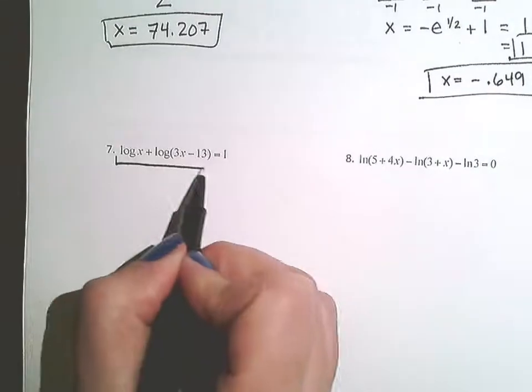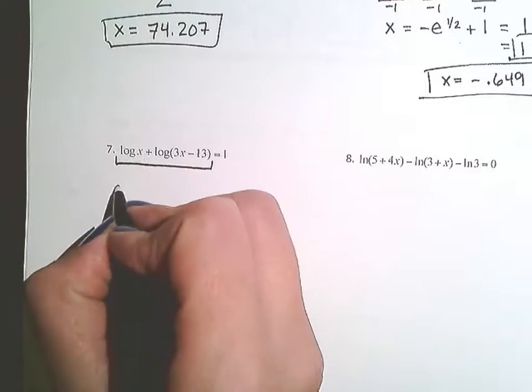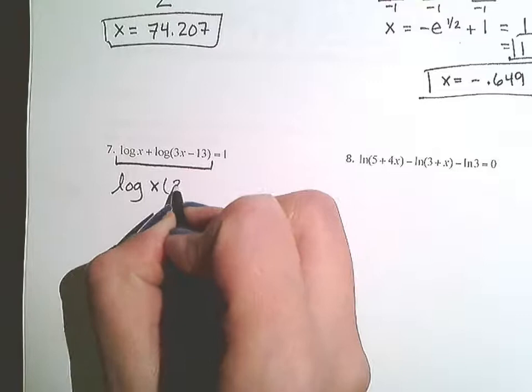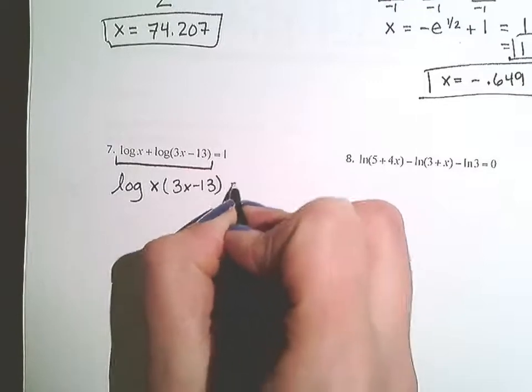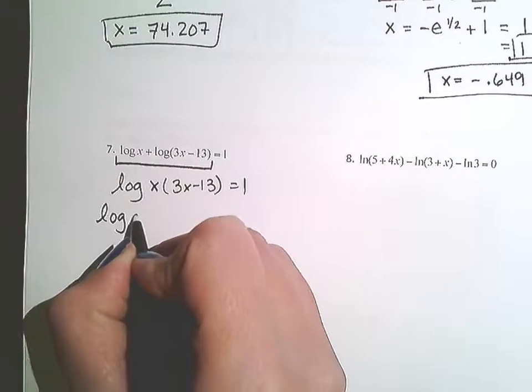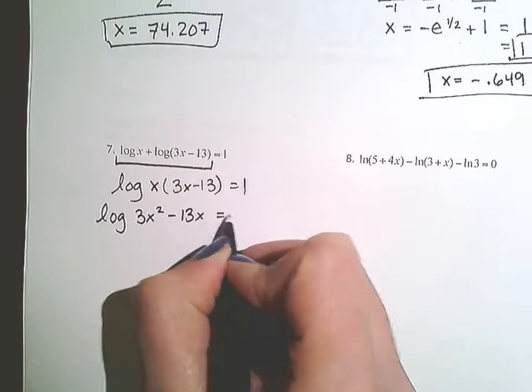So we know from the properties that because this is addition, we can combine them into one using multiplication. And now this becomes log 3x squared minus 13x equals 1.